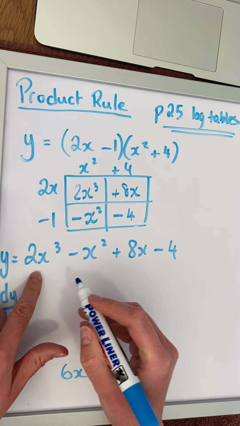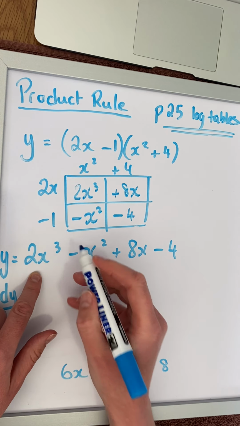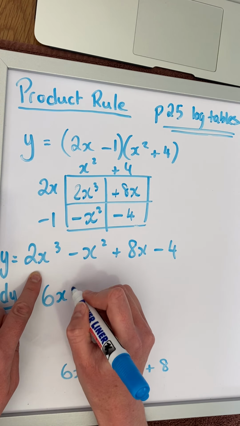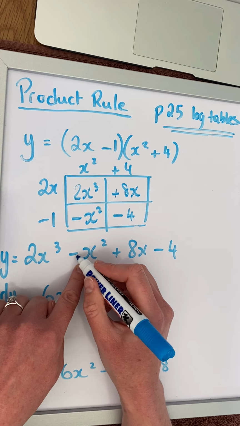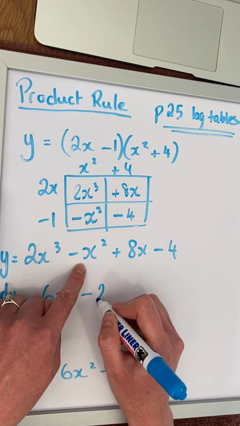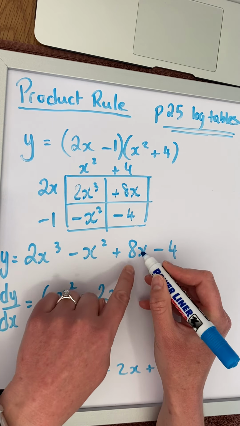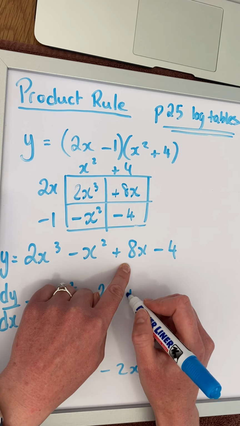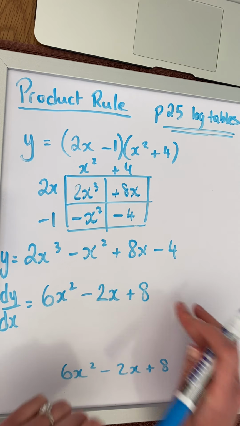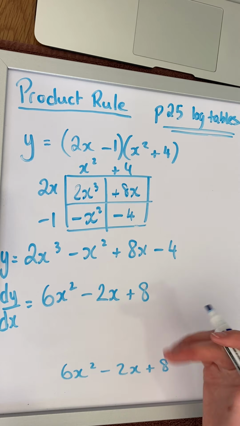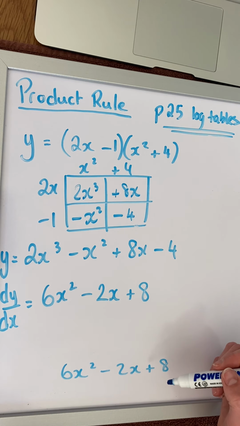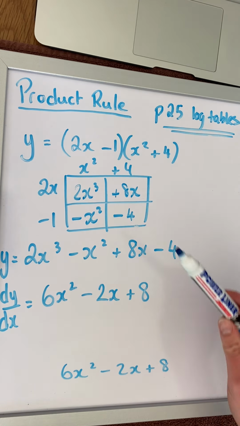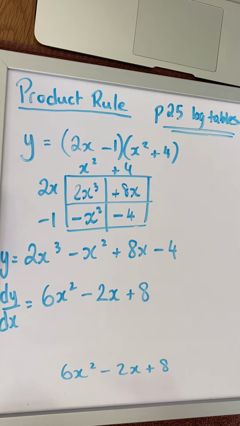So if we take the first part here, bring down the power and multiply, reduce the power by 1, that becomes 6x squared. Bring down the power and multiply, reduce the power by 1, that becomes 2x. Then 8x becomes a plus 8, and the minus 4 simply becomes 0. So we do get the exact same answer at the end, even though we multiplied out first and then looked at the derivative as a second step.